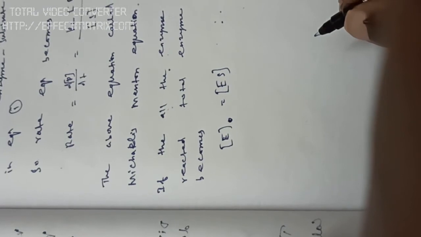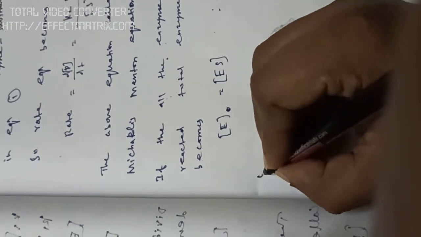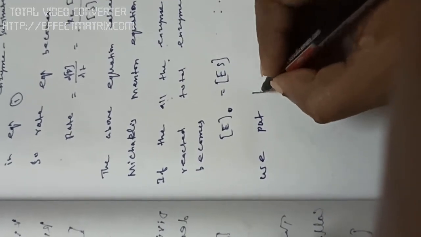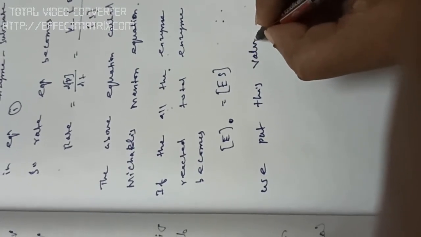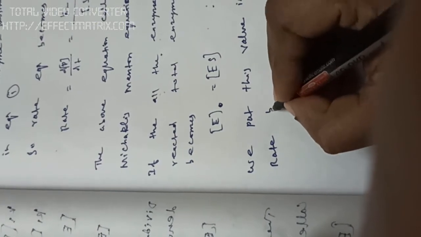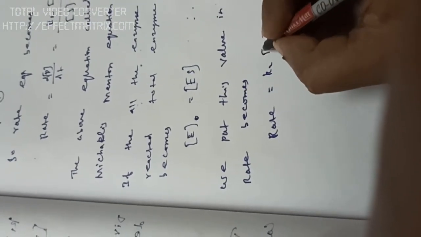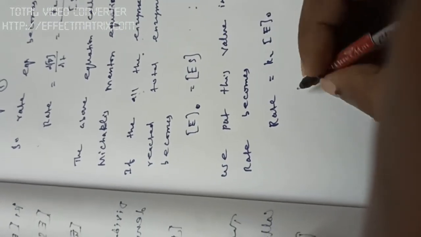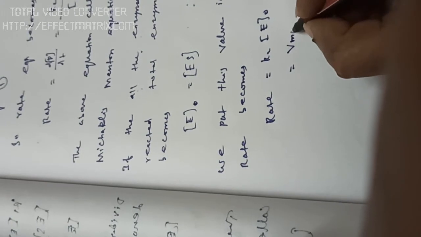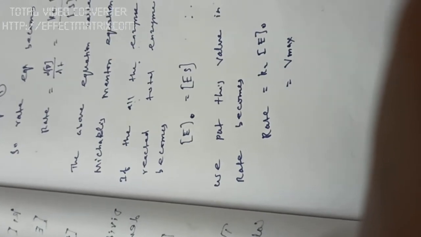We put this value in equation 1, and the rate becomes rate equal to K2 times concentration of enzyme, that means Vmax, which is called the maximum velocity of the reaction.